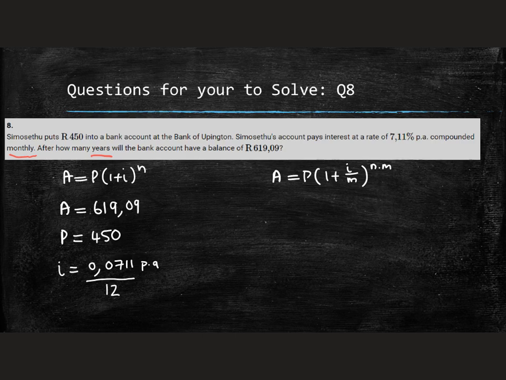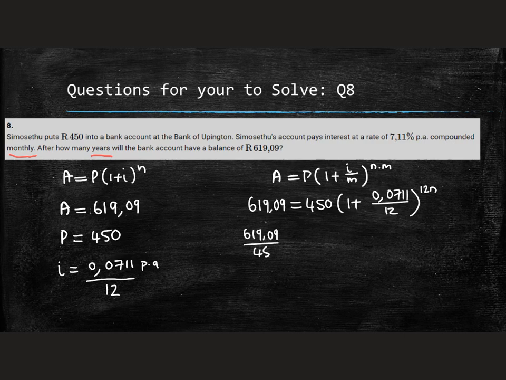If we fill this in, we're going to say that 619.09 came from 450(1 plus 0.0711 over 12), and our power is going to be 12 times n. So nothing too complicated there. Now what we want to do is take 619 Rand and 9 cents and divide it by 450. So 619.09 divided by 450 is equal to, in our brackets, we're going to get quite a messy number.